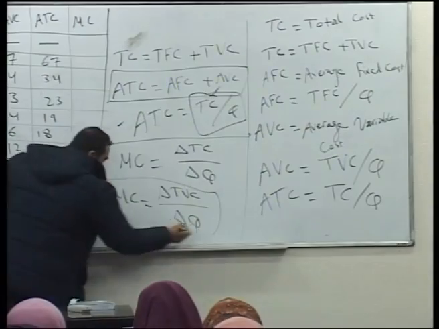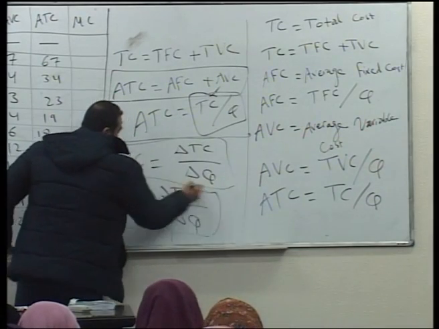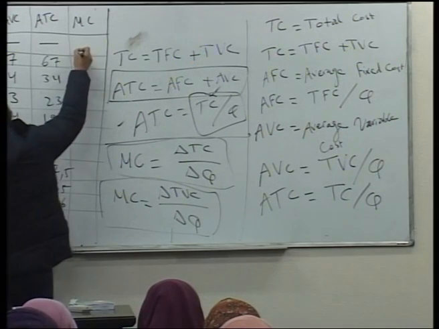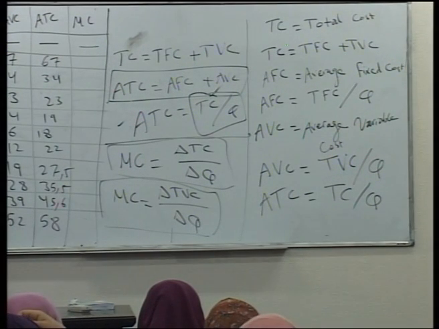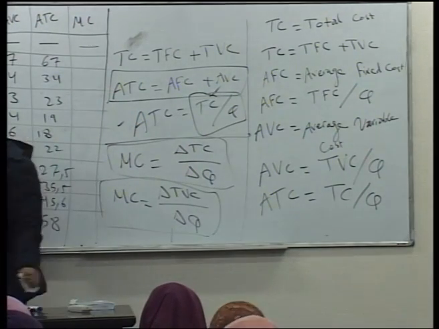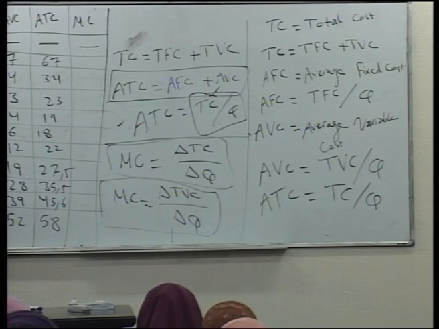The same result. So let's calculate the marginal cost here. Let's use this formula: change in total cost over change in quantity produced. Change in total cost, here is the total cost, 67 minus 60 over 1 minus 0.